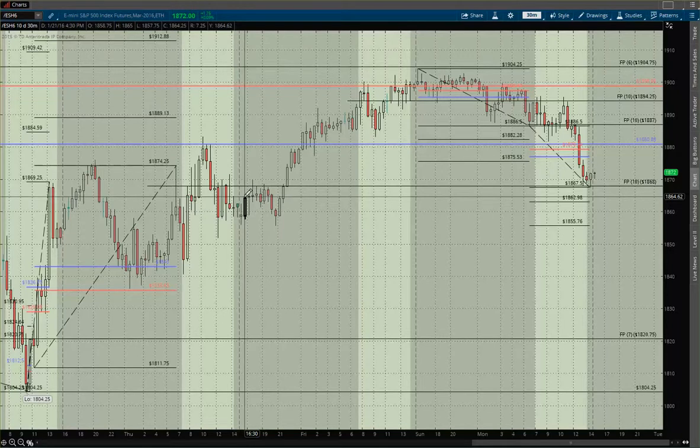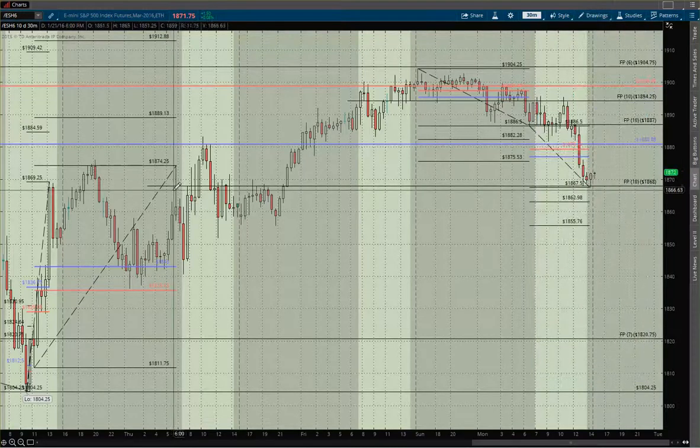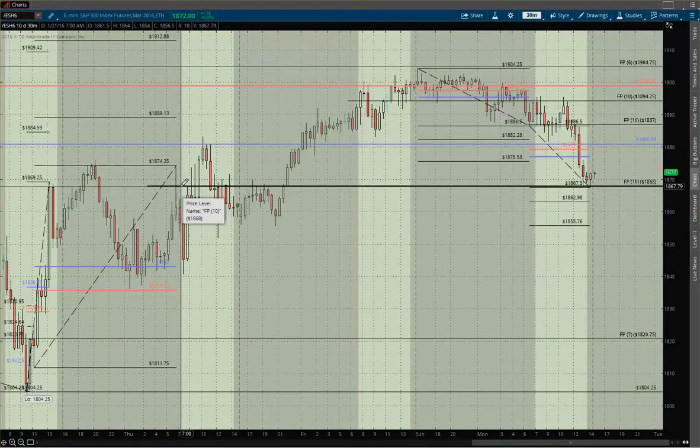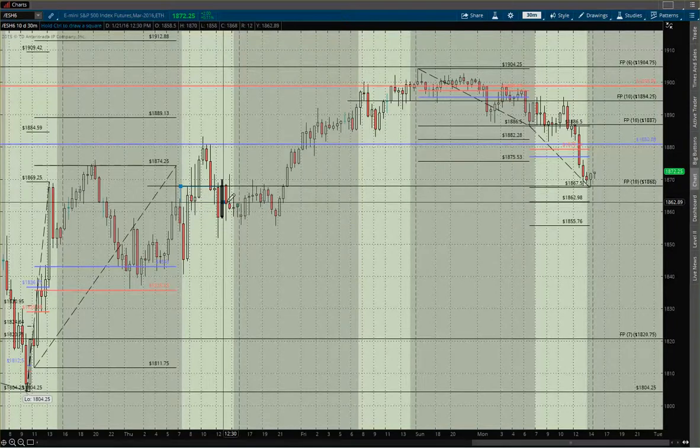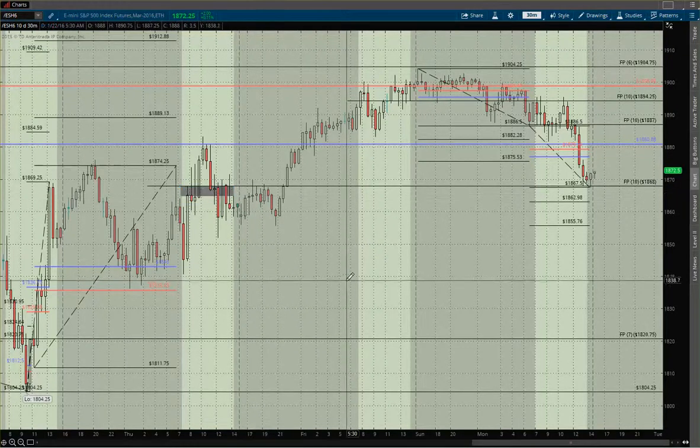So it's not a single point, it's usually a zone, and in this day the zone was about right there.